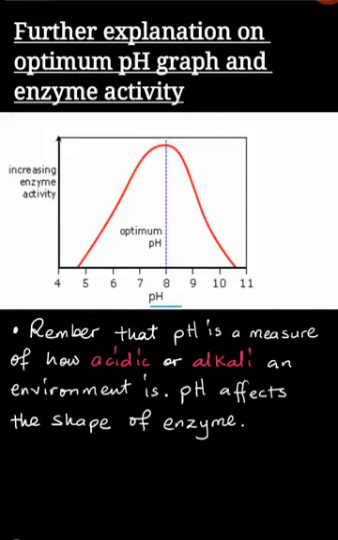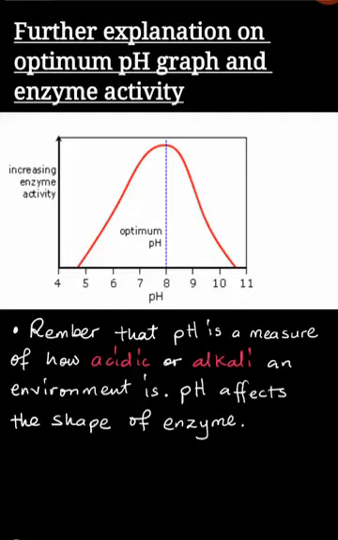So for this particular enzyme, its optimum pH is the pH of 8, as you can see. That line there comes to the pH of 8. So in case you are asked to state the optimum pH of this particular enzyme, you must say the optimum pH of this particular enzyme is the pH of 8.